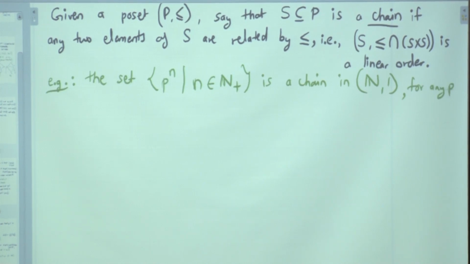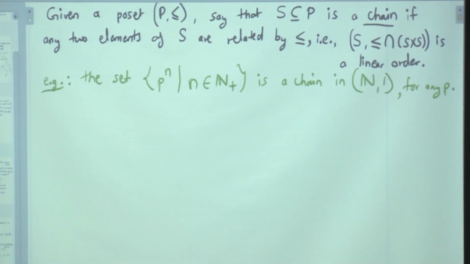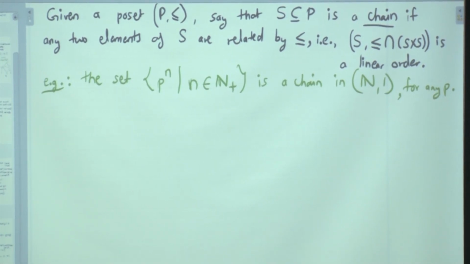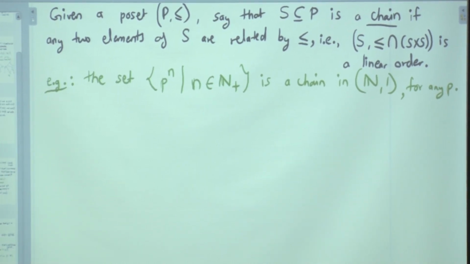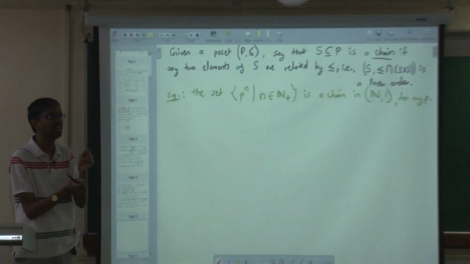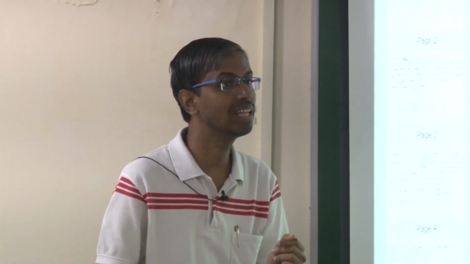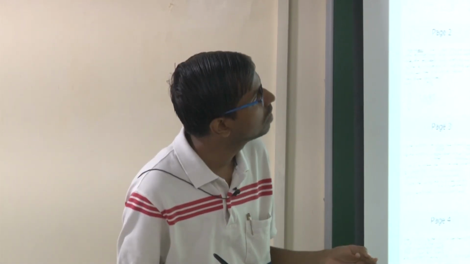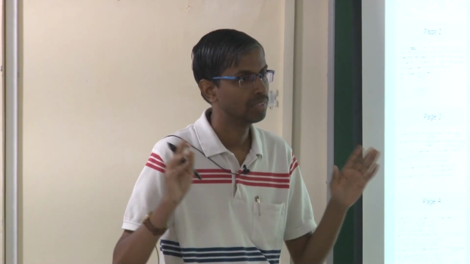For any p, all the powers of a fixed number, that is a chain, because given two different powers of p, either this divides this or this divides this. So therefore they are totally ordered, or linearly ordered, with respect to the order relation. Let's stop here.